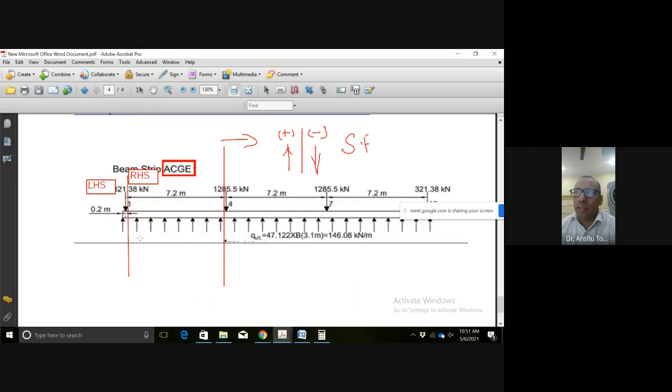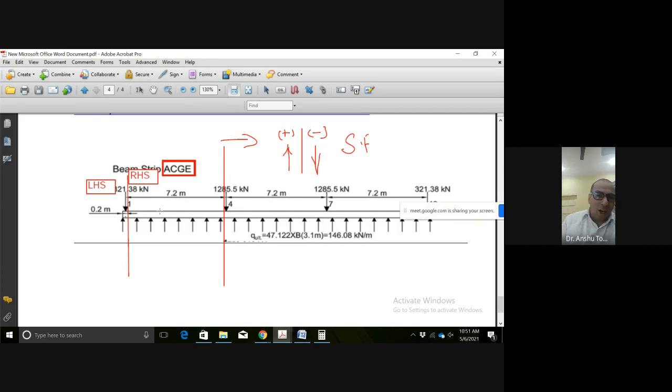The UDL acting on the 7.2 meter span is acting as a shear force from bottom to up. Am I right? And it is acting upward. That means it is positive.